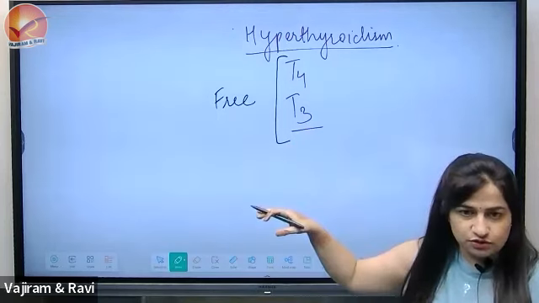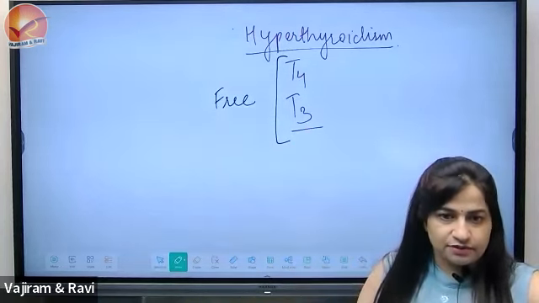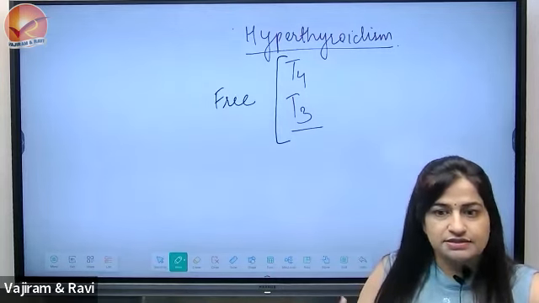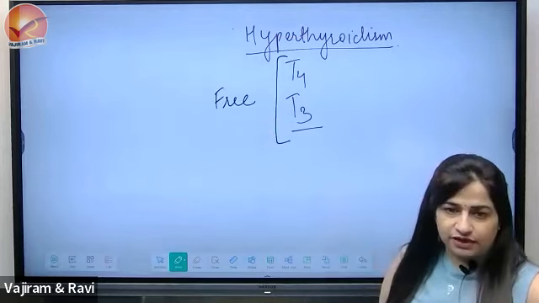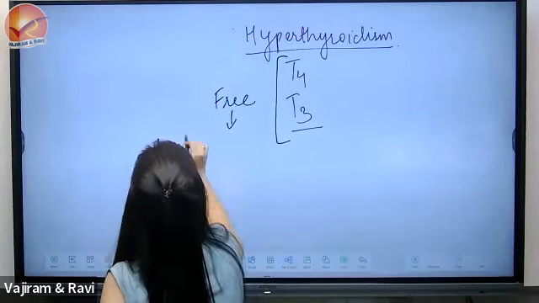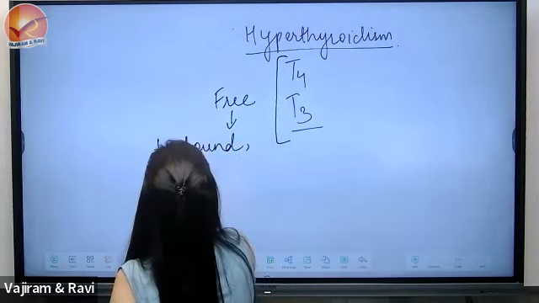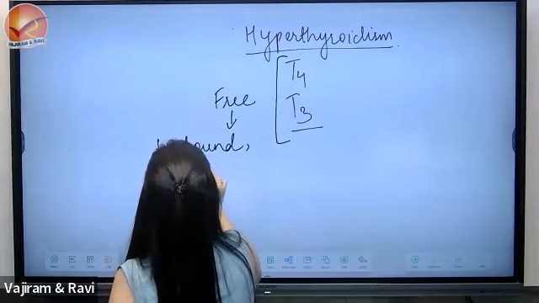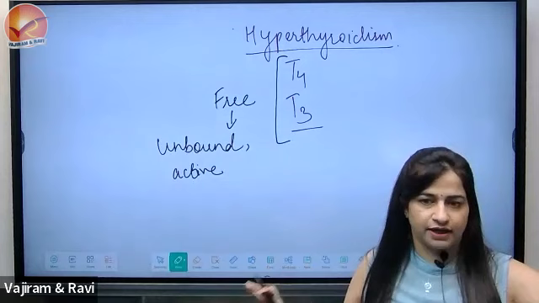But when it goes into the periphery, that is into the tissues, and interacts with the receptor, before that it gets converted into the active form, and that active form is what we call free. It is unbound free form. It is unbound and it is the active form of thyroid hormone.